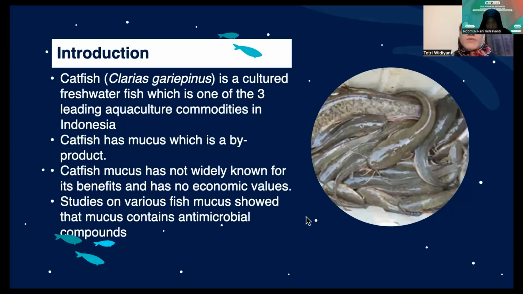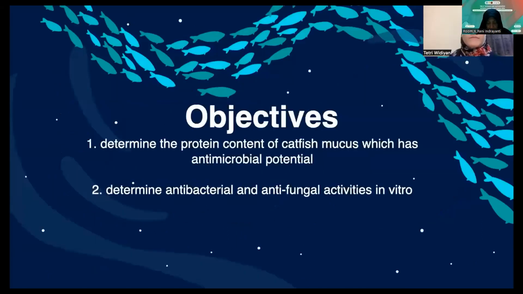So our study objective is to determine the protein content of catfish mucus, which has antimicrobial potential, using the SDS-PAGE method, and objective number 2 is to determine antibacterial and antifungal activities in vitro.